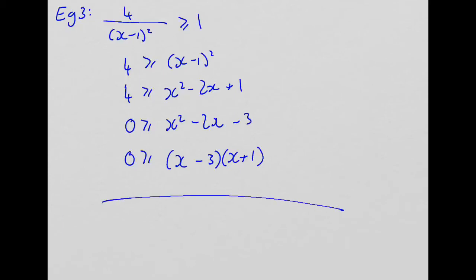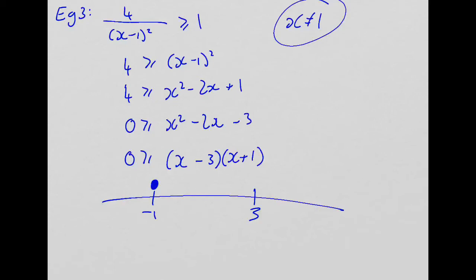Now remember, before we go to the critical values on the number line, that from the denominator here, we have a restriction. So x cannot equal 1. That's important to remember. Our critical values here are -1 and +3. In this case, -1 is allowed because it's greater than or equal to, and it won't make the denominator 0.